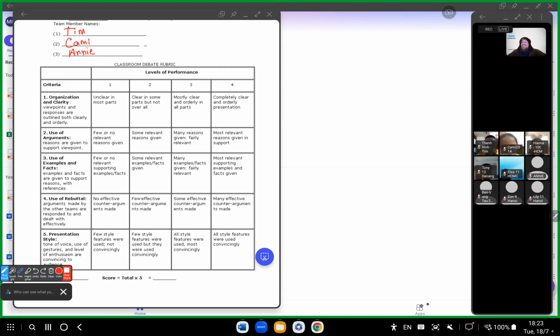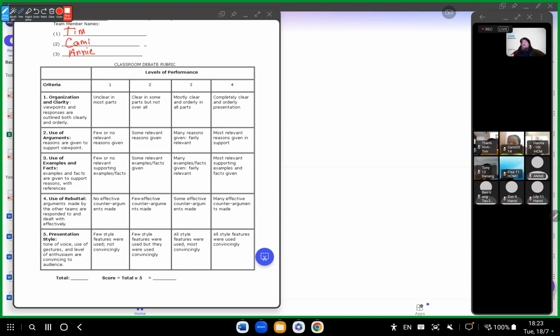So as each debater presents their arguments, you see here you've got level 1, level 2, level 3, level 4. So these are the points that the judges will award you for each of these categories. The first thing you see is organization and clarity.